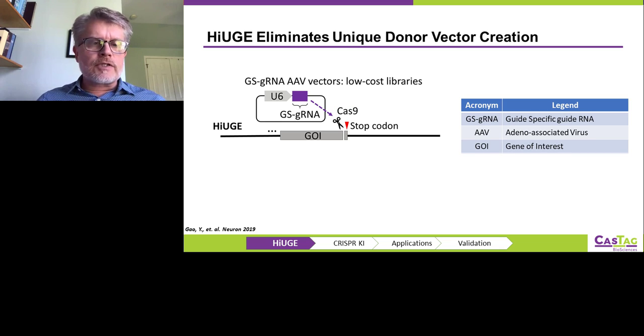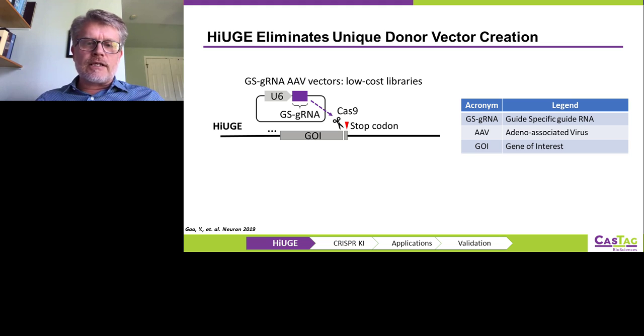Okay, so here's some more specifics of exactly how this works. For the targeting vector, we have a gene-specific guide RNA, which I mentioned directs the cleavage. In this case, I'm showing the cleavage at the C-terminus of your gene of interest, right before the stop codon in the open reading frame for your protein of interest.